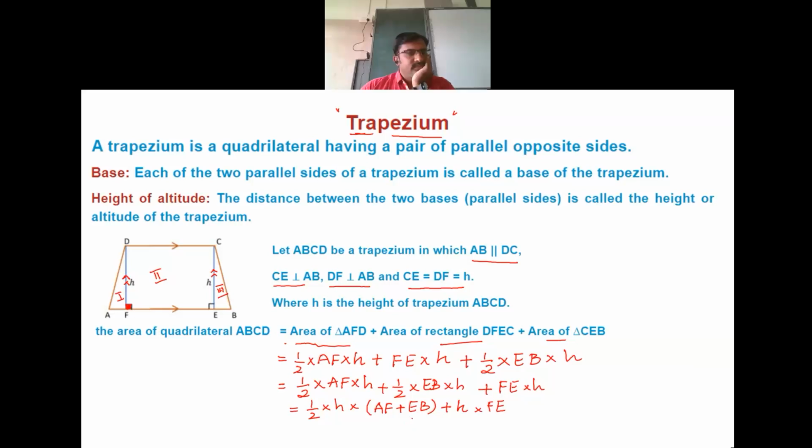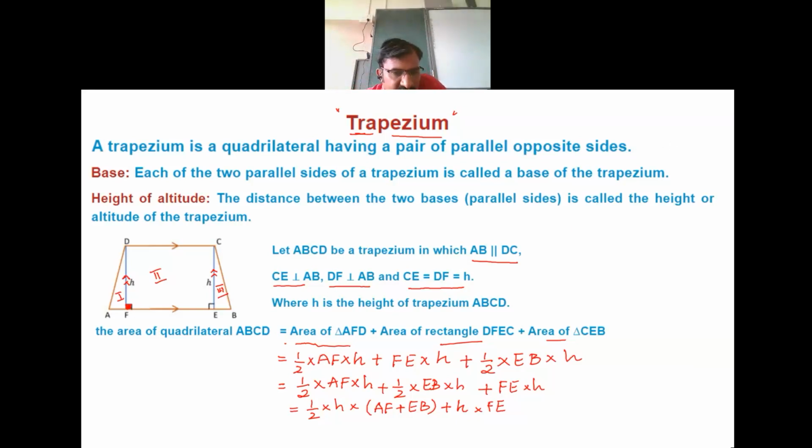What to do now? Instead of dividing the trapezium into 3 parts, we can divide it into 2 parts. We can draw a diagonal between B and D. That is another method, I'm going to tell that also.